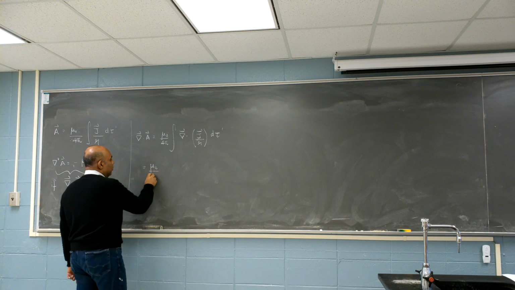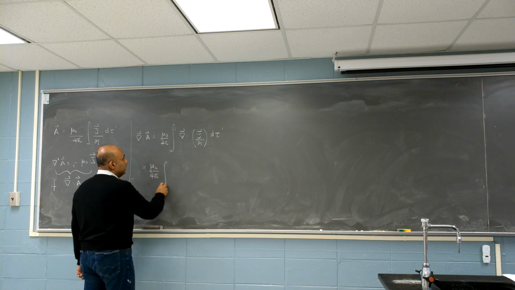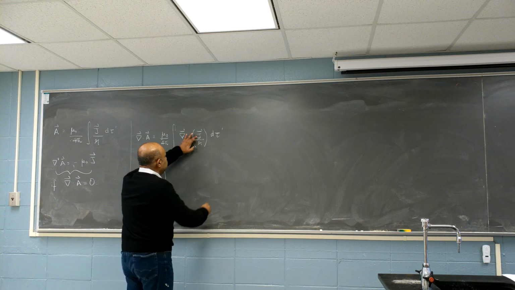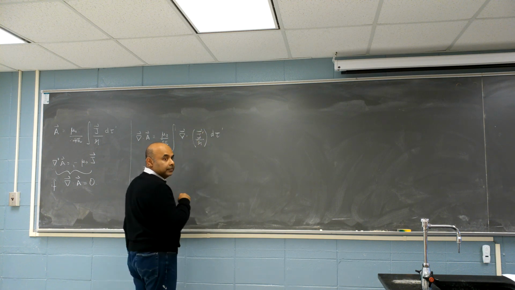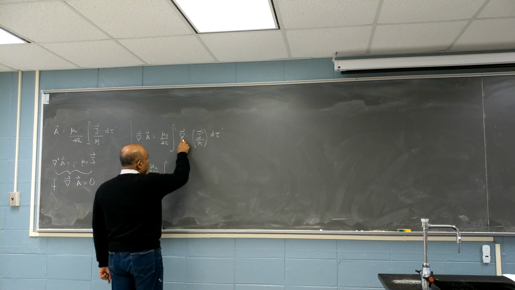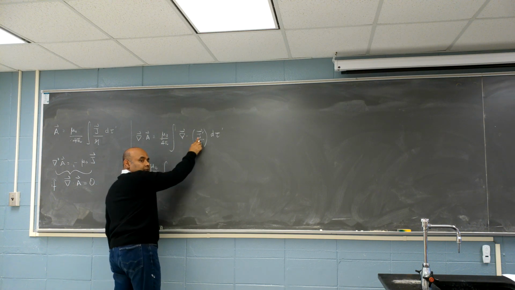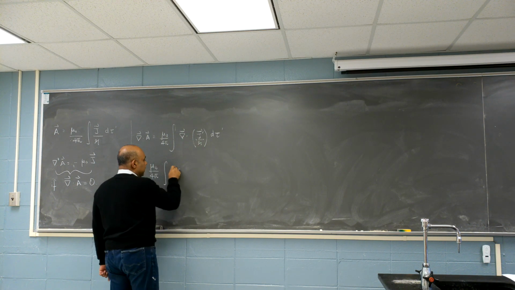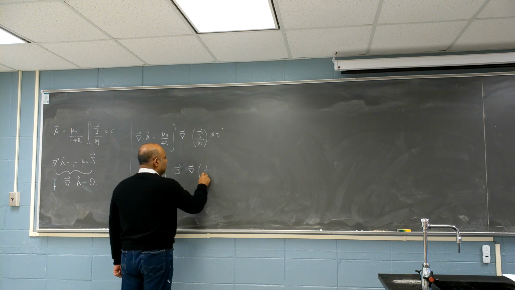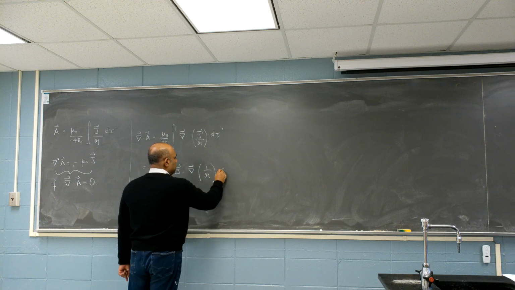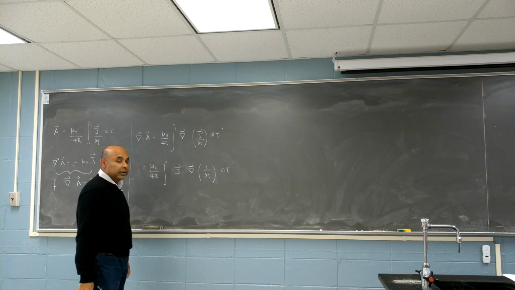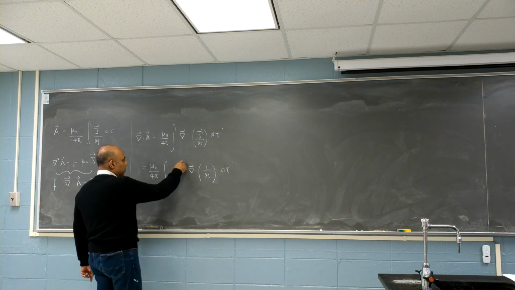This is with respect to x, y, and z. These are primes. So the divergence won't see this vector, so it becomes J prime dot gradient of 1 over r. Oh, I'm sorry, when you took the J out, J prime, yeah.